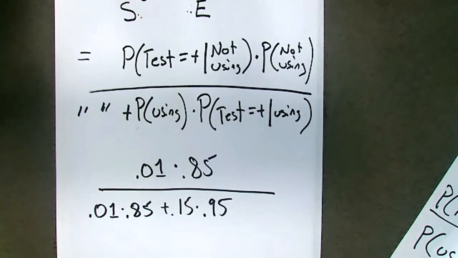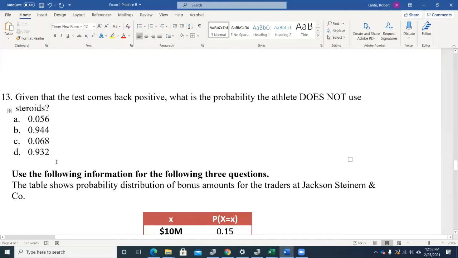So what does this end up being? I should have my calculator pulled out here. If we go back and look at the possible answers, if I recall, I think it's this one, 0.056.